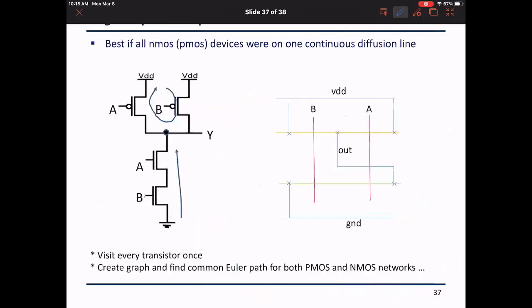So now, if we look at the stick diagram, we said last time that we took the pull up alone and the pull down alone, and we identified a path with some starting point that visits each transistor once.